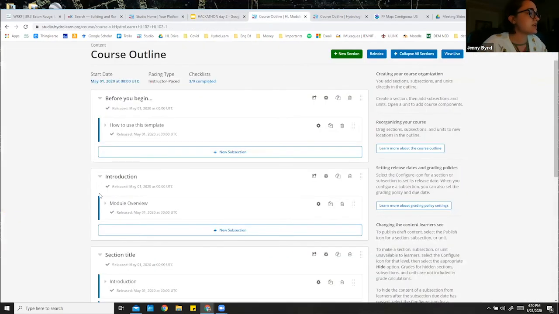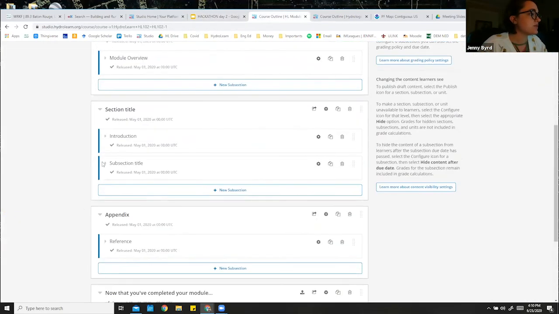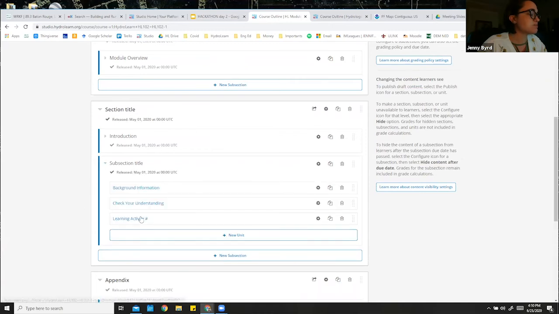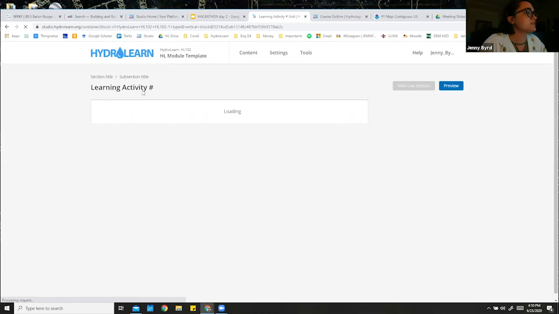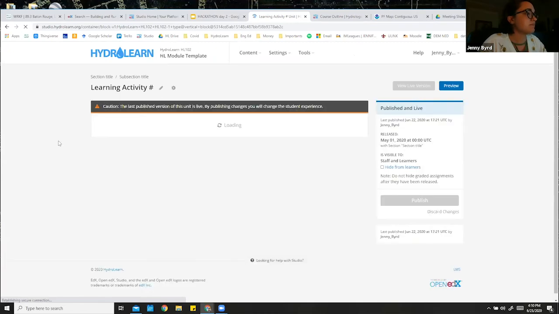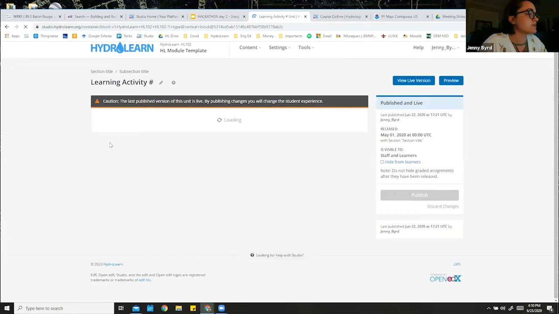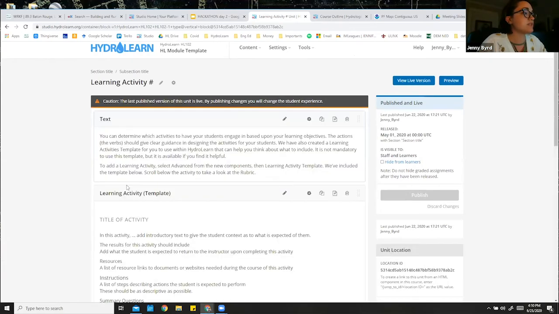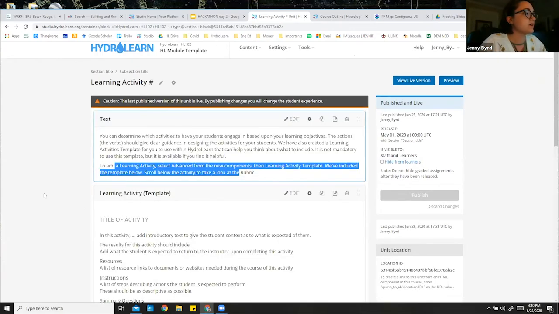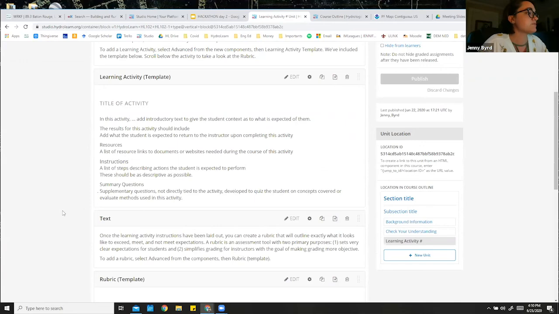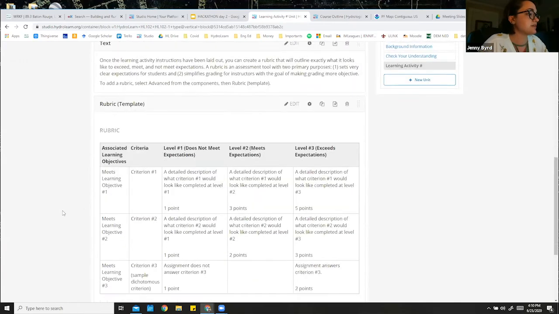So let's start here. This is my module template, which looks pretty similar to yours. Within this learning activity, we already have one example provided. There are also directions of how to insert a learning activity right here. If you forget, it's available for you in the slides and here.